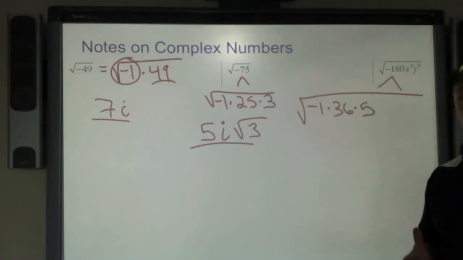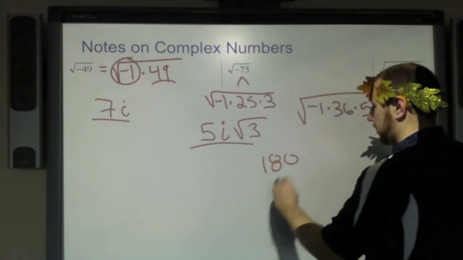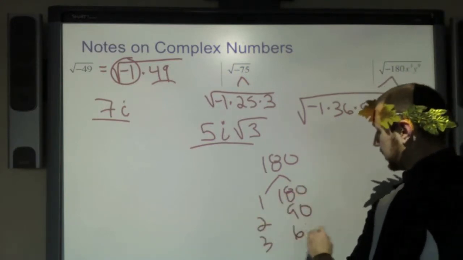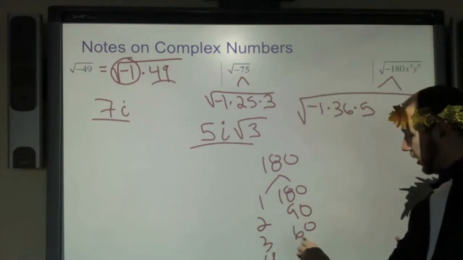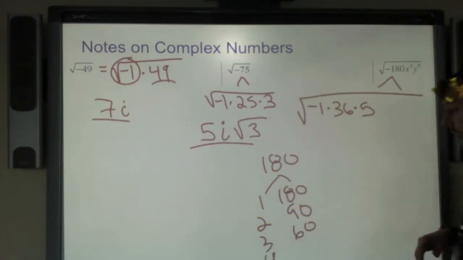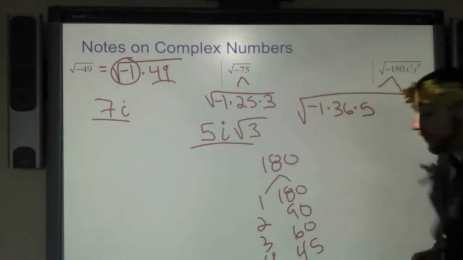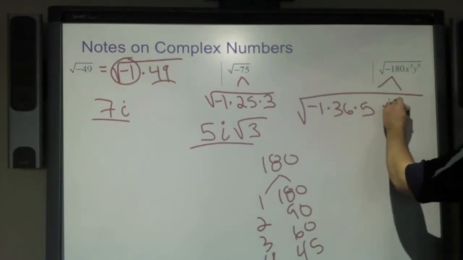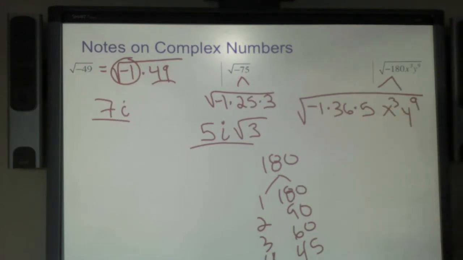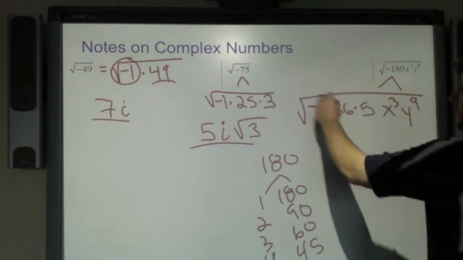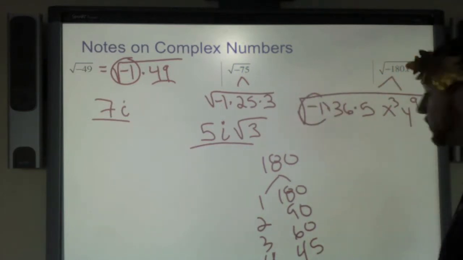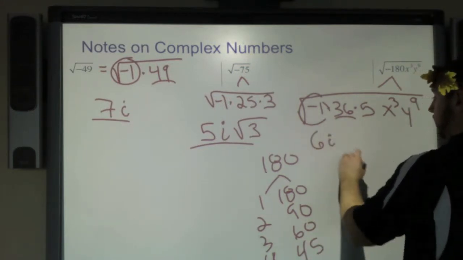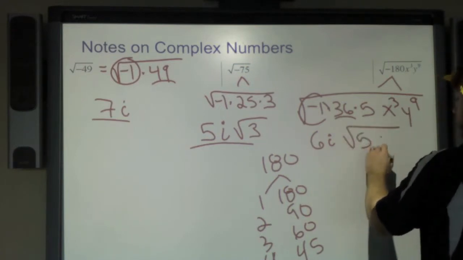Just like I did when solving quadratics. 1 and 180, 2 and 90, 3 and 60, 4 and 45. Okay, and I keep going until I get some perfect squares. And don't worry about the variables just yet. So I know the square root of -1, that's i. I know the square root of 36, that's 6. So I have 6i square root of 5x to the third y to the 9th.